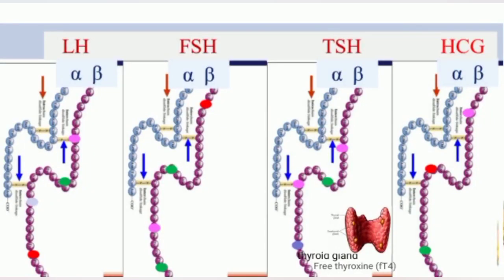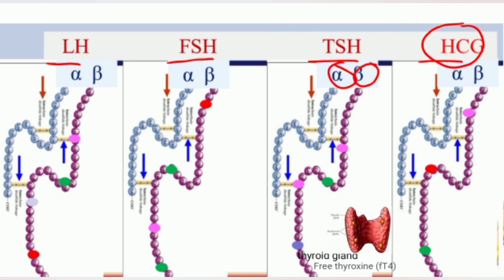These four are glycoprotein hormones, in which the luteinizing hormone, follicle stimulating hormone, thyroid stimulating hormone, and human chorionic gonadotrophic hormone are included. The human chorionic gonadotrophic hormone is also known as the pregnancy hormone, and this is very important. As you are seeing, there are two chains, alpha chain and beta chain.